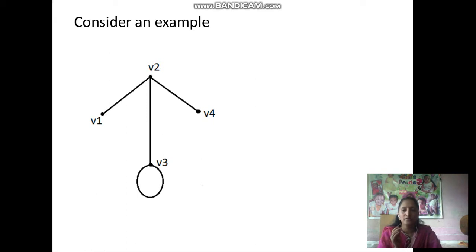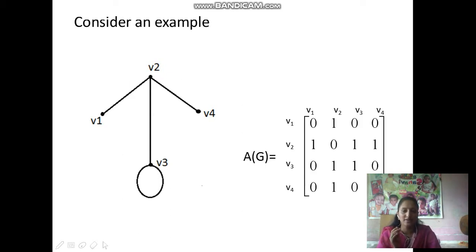We have to represent this graph in the form of matrix using adjacency. So A of G is equal to the matrix. Here we write vertices V1, V2, V3 and V4 horizontally and vertically also.